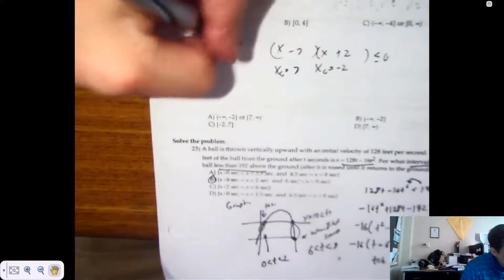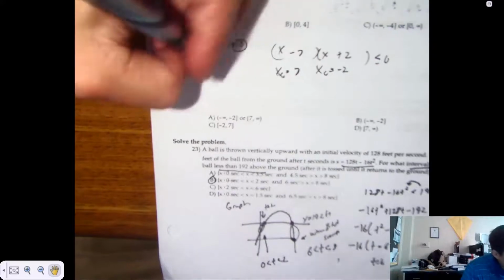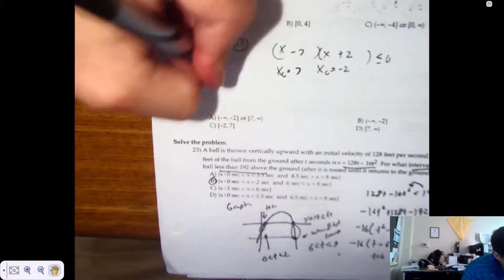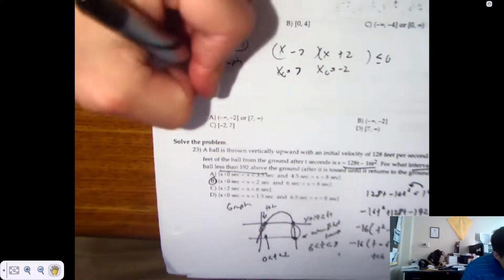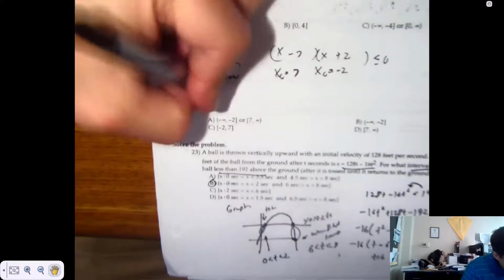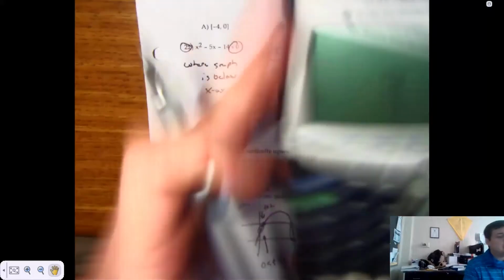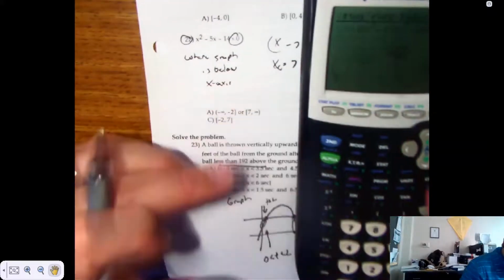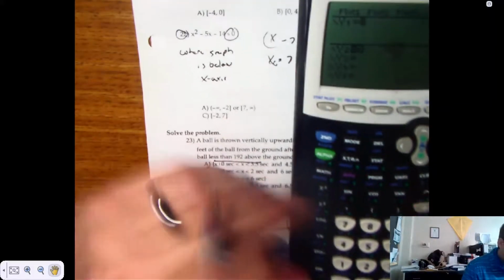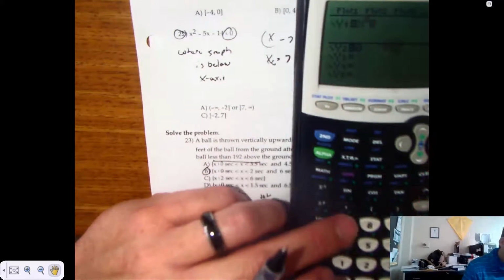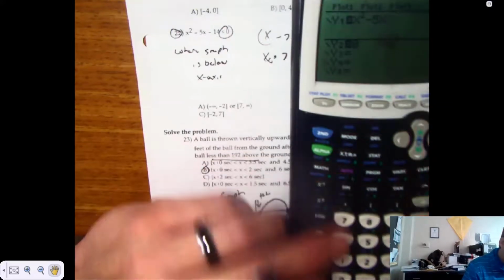Now you talk about being less than or equal to 0. That's where the graph is below the x-axis. What it means, where is it below the x-axis? So anyways, I'm just looking at the graph.